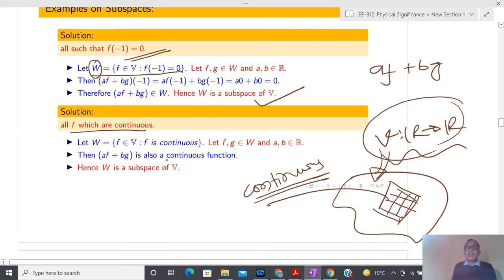Due to that reason, if I have a vector space over the real numbers, mapping to real numbers, and that is a continuous function, then that particular subset will form a vector space.